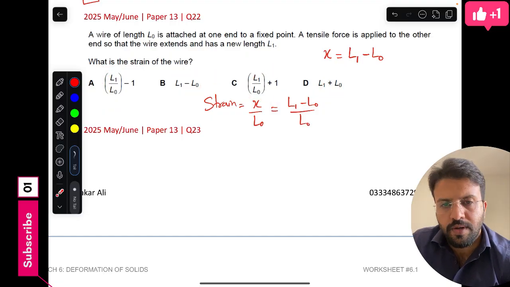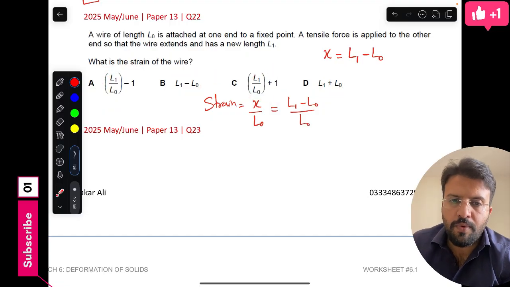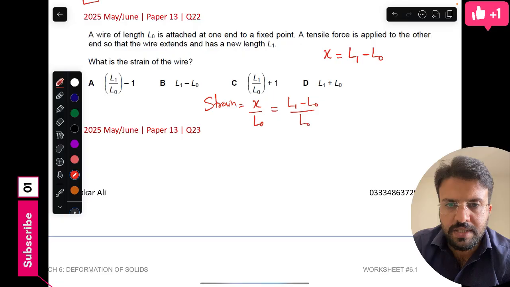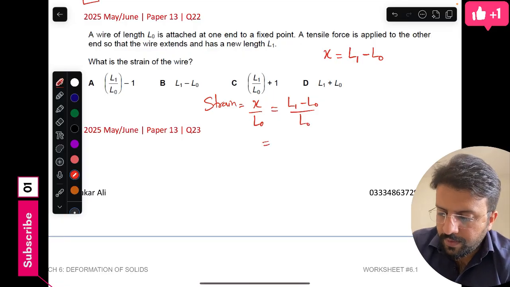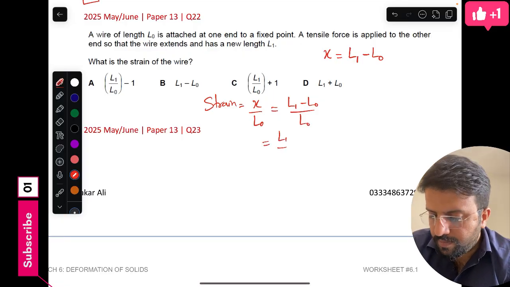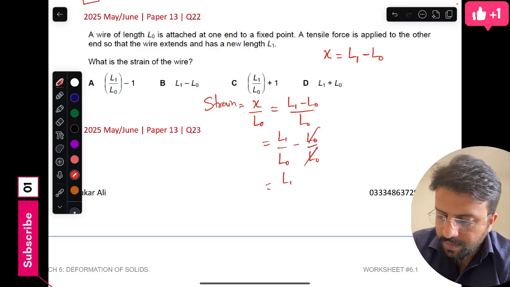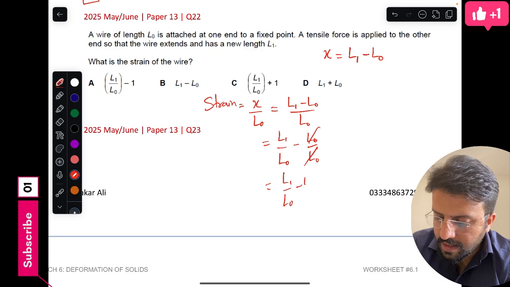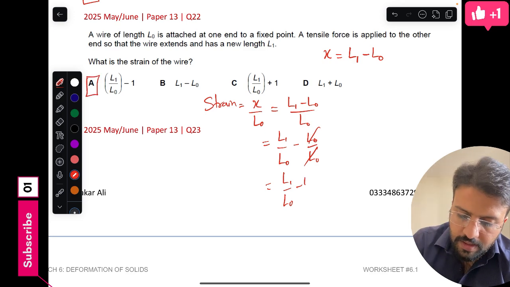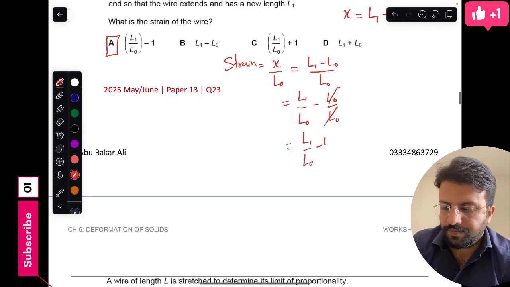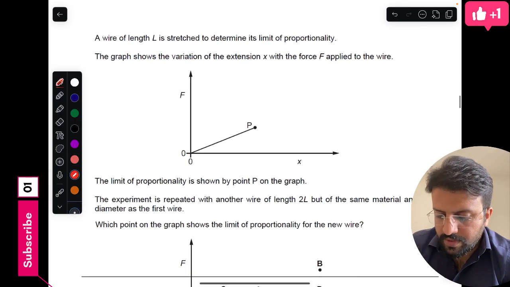So you have to convert this into the form of L1 and L0 in which the options are given. Okay, so this L0 is divided with both of them, so you can write them like this individually. This will be cancelled out, so it will be written as L1 over L0 minus 1. It is option A.